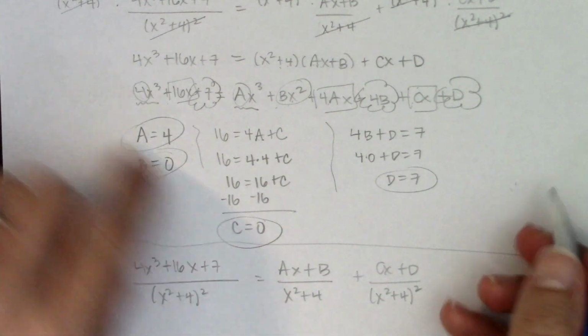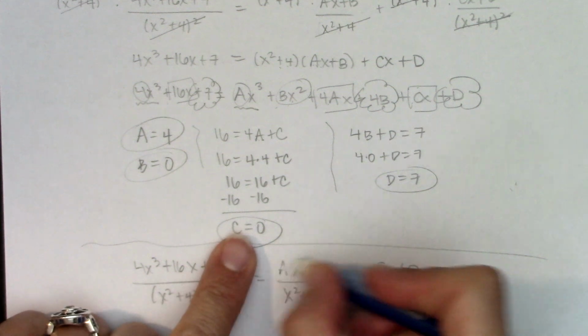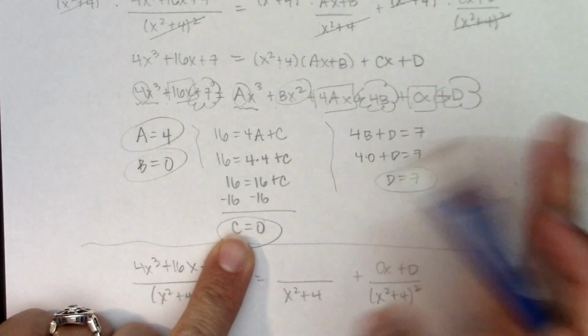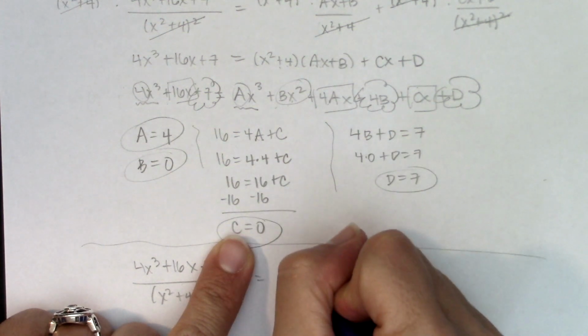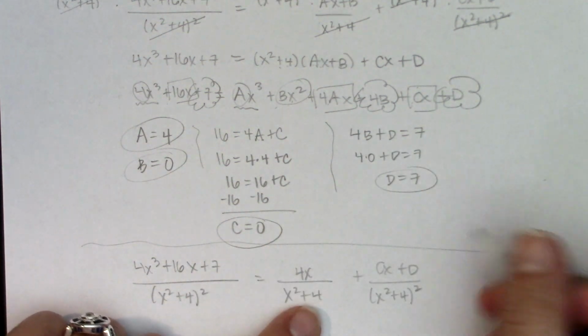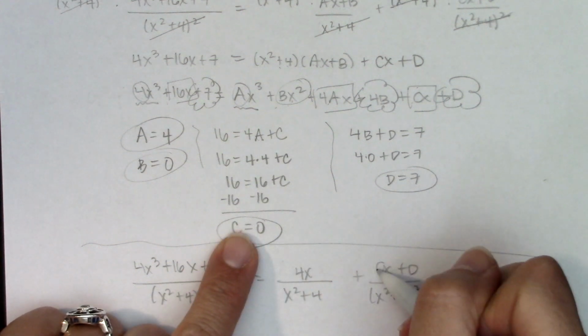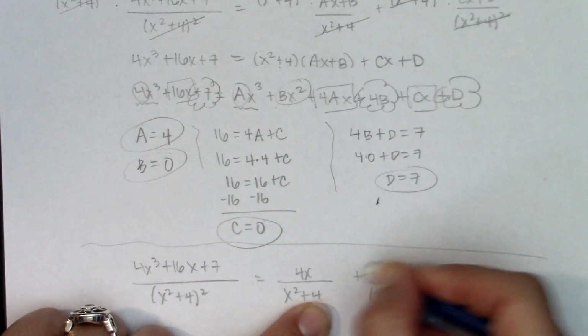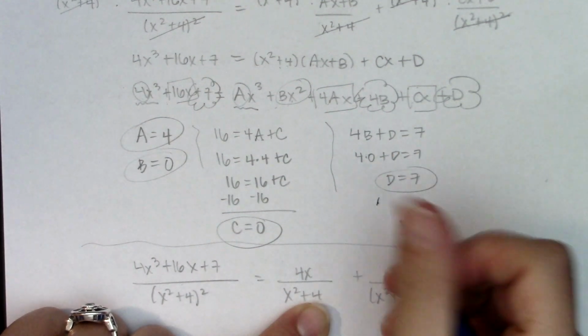But okay, again, a is 4, b is 0. So this numerator is actually going to simplify to just 4x. All right, 4x. Great. And then if c is 0 and d is 7, this numerator is going to simplify to just 7. Okay.